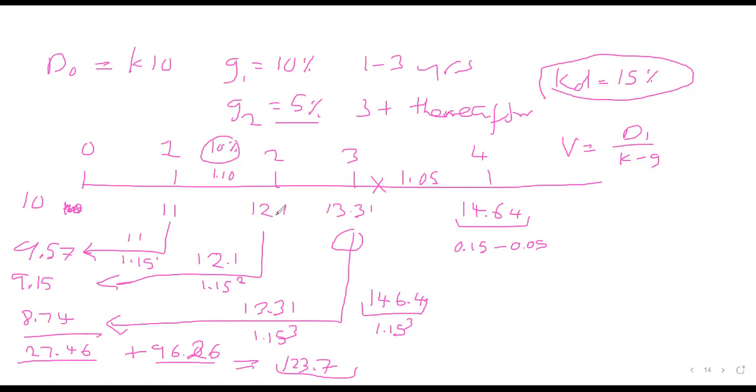So 12.10 to get to 13.31, we have to multiply this one by 1.10. But to get the next figure after 13.31, we don't multiply by 1.10, we multiply by 1.05. What's the actual figure? 13.31 times 1.05, what are you getting?